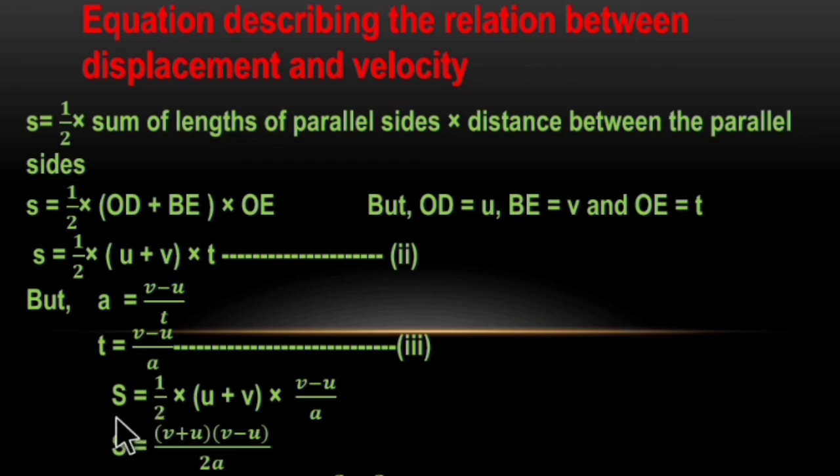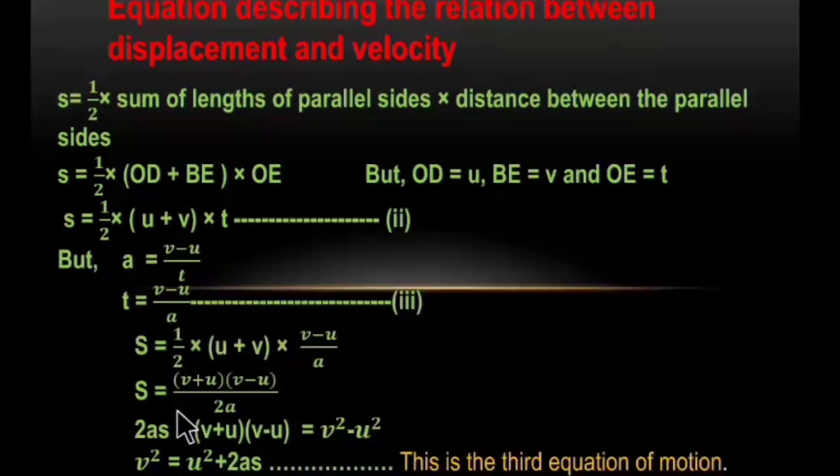So s is equal to half into u plus v into v minus u upon a. So s is equal to (v plus u)(v minus u) upon 2a.